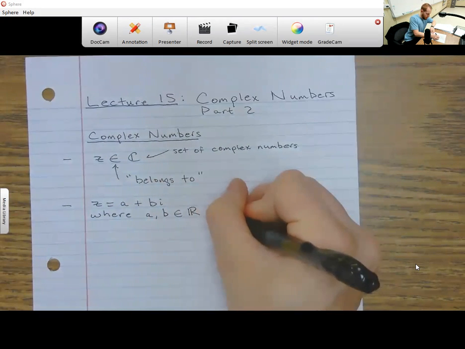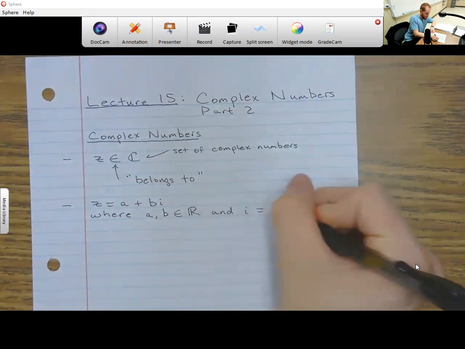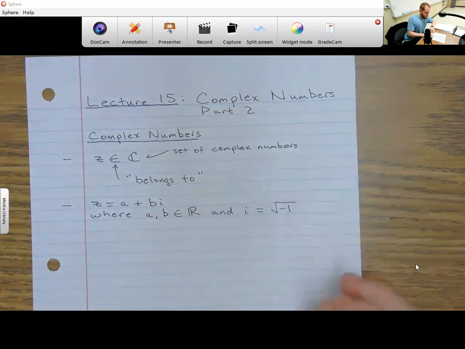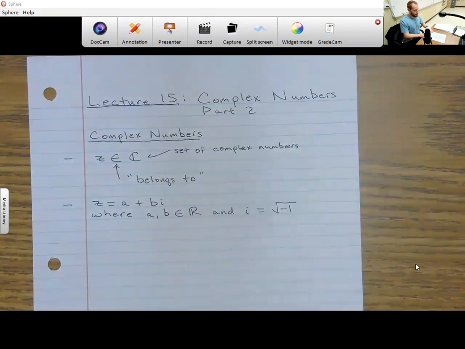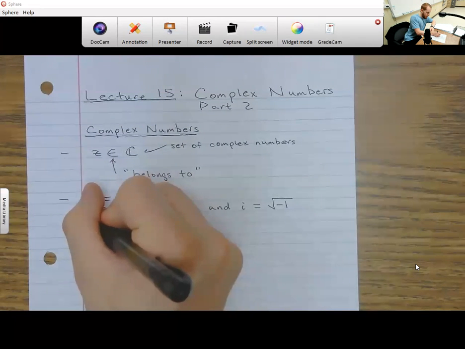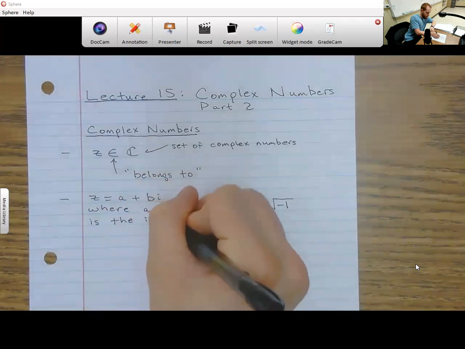A and b are going to be real numbers. And i is actually not a real number. It's a complex number. It's going to be equal to the square root of -1. So that's what i is. i is the imaginary unit.